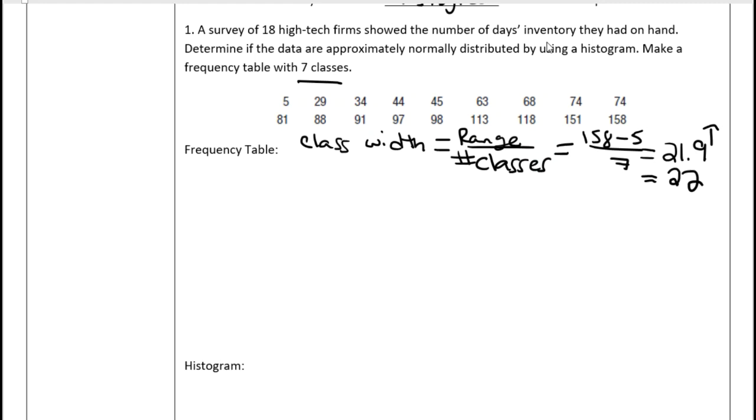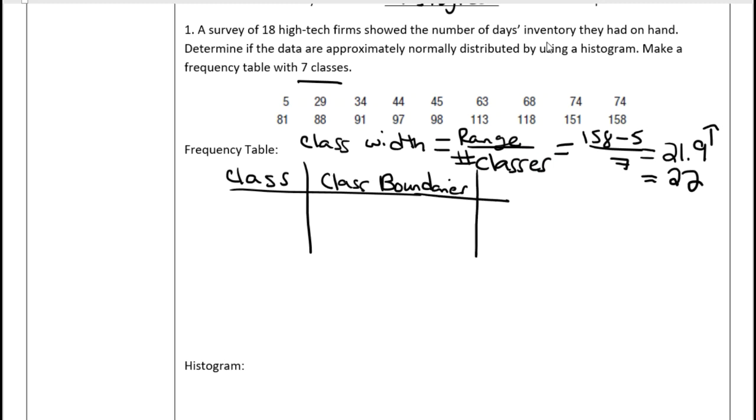When we set up our frequency table, we always set it up with class as the first column. Then we have our class boundaries, and then we have our frequency. To find the classes, you start with your smallest number.